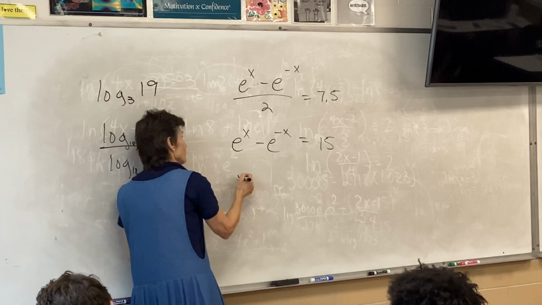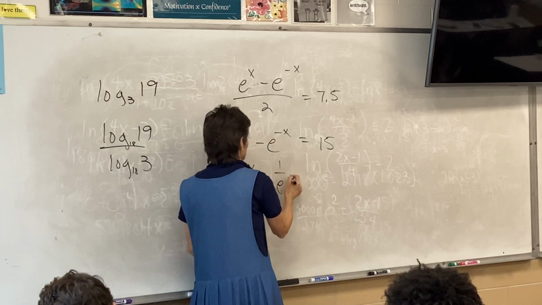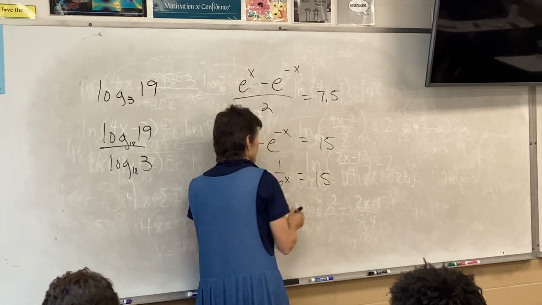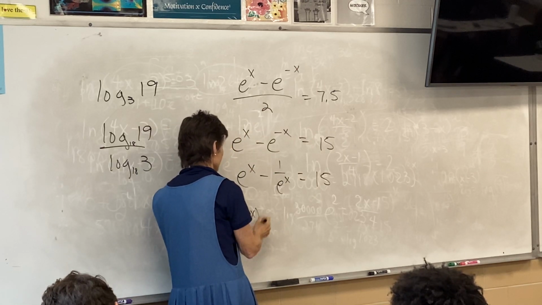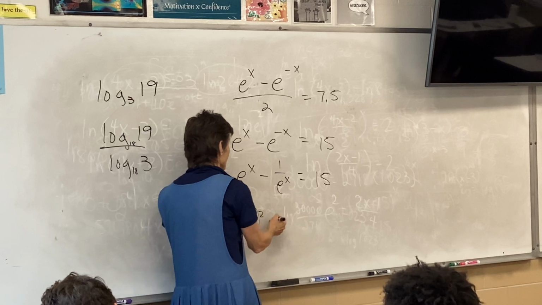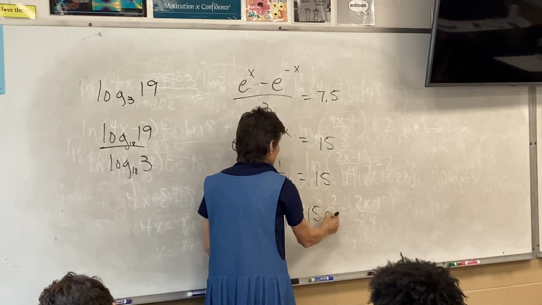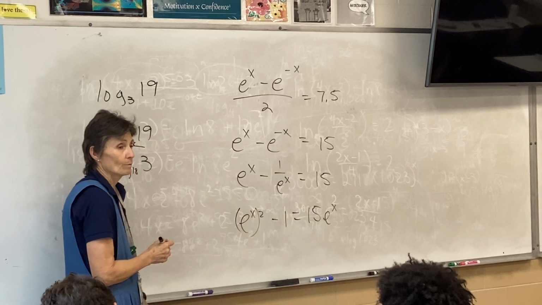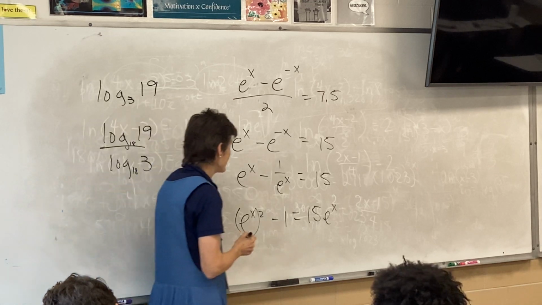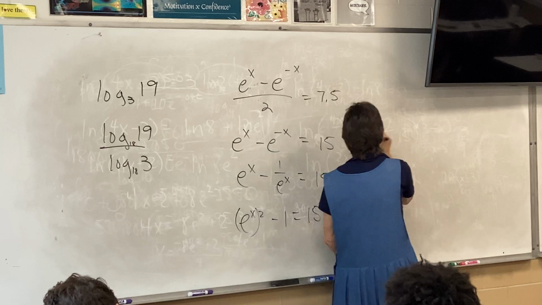Change it back into a fraction now, and then get rid of that one. So e to the x squared minus 1 equals 15 e to the x. Right? And then we can set it equal to 0.